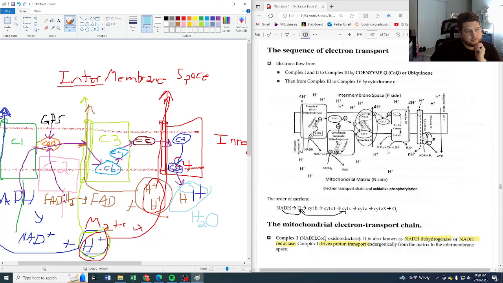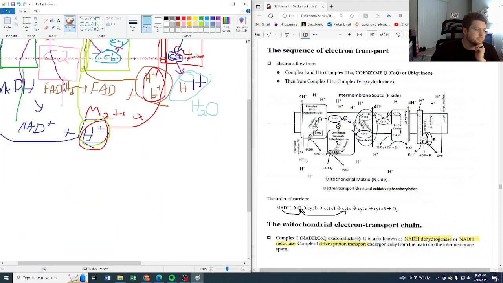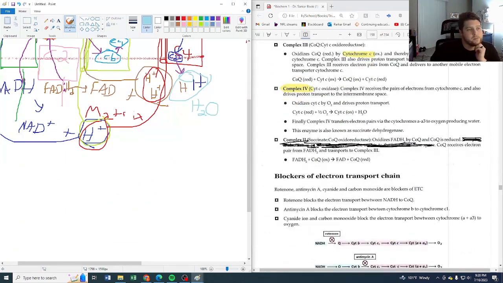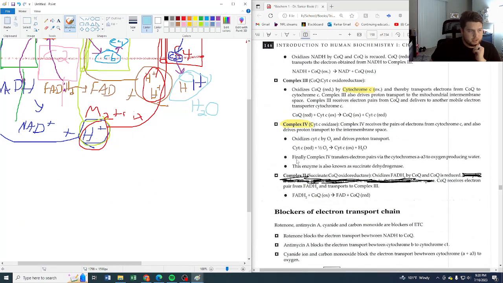So our oxygen gets those 2 electrons, gets two of the hydrogen ions from inside of the mitochondrial matrix, and we get H2O. So just this last note, finally complex 4 transfers the electron pair via the cytochromes AA3 to oxygen producing water. This enzyme is also known as succinate dehydrogenase.